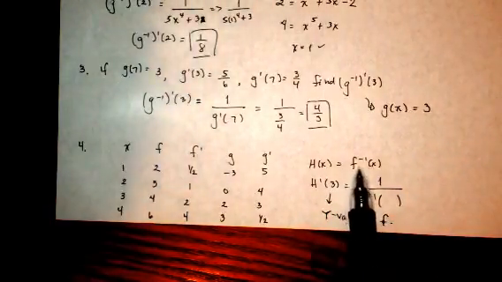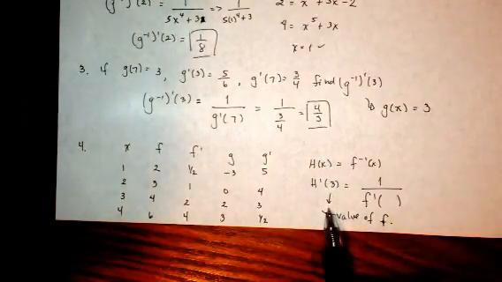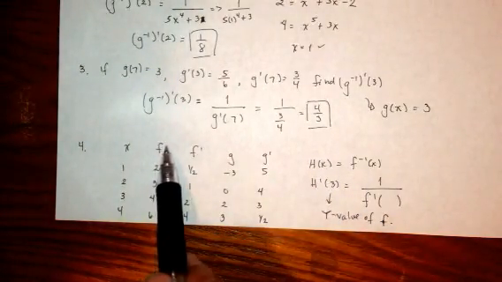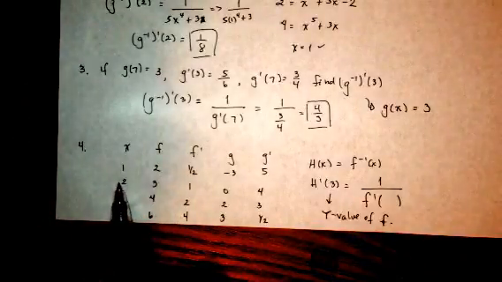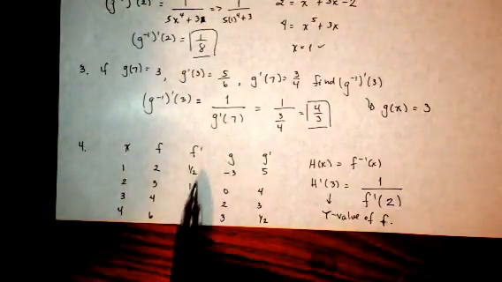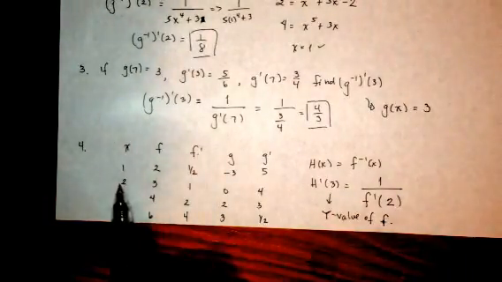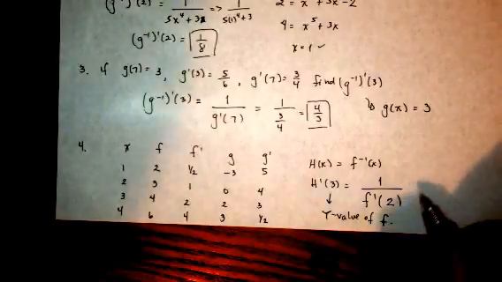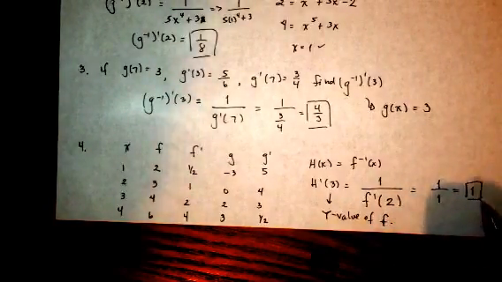Well, how do I know it's f? Because it gives me this relationship here. I'm looking for the x value that goes with that y value of f, and that x value is 2. So I'm going to plug in 2. And then what's f prime of 2? Look at that, f prime of 2 is 1. So 1 divided by 1 is 1.